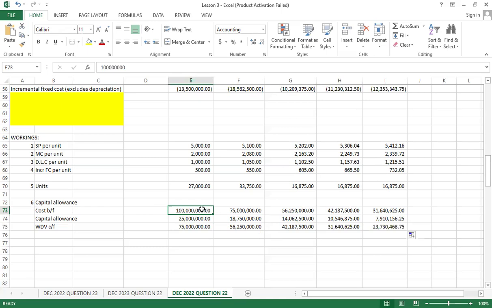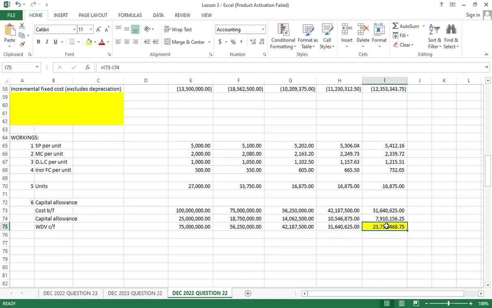And the 100 million reduces all the way to, at the end of year 5, when the value of the asset is now 23 million. What this means is very simple. At the end of the last year, we are now valuing the asset at 23 million.